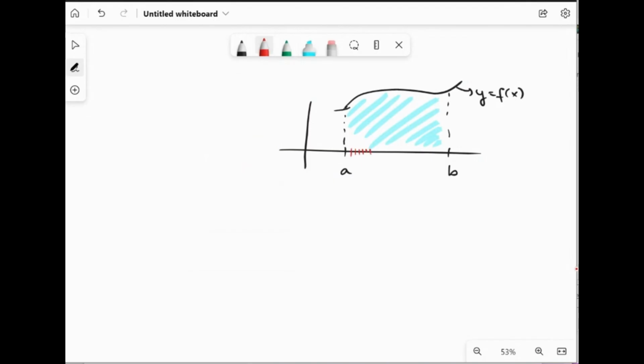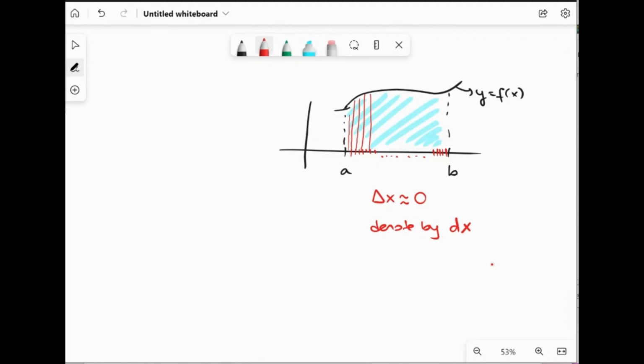So let's say we use infinitely many partitions. In that case, what would be the width of each rectangle? We are using very, very thin rectangles because there are infinitely many partitions. So the width of each rectangle will be approximately 0, the limit would be 0, and we denote it by dx.